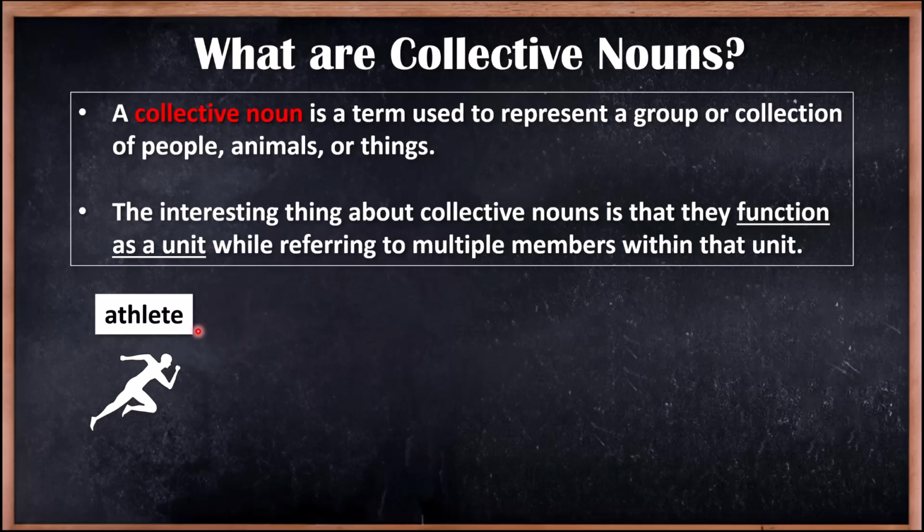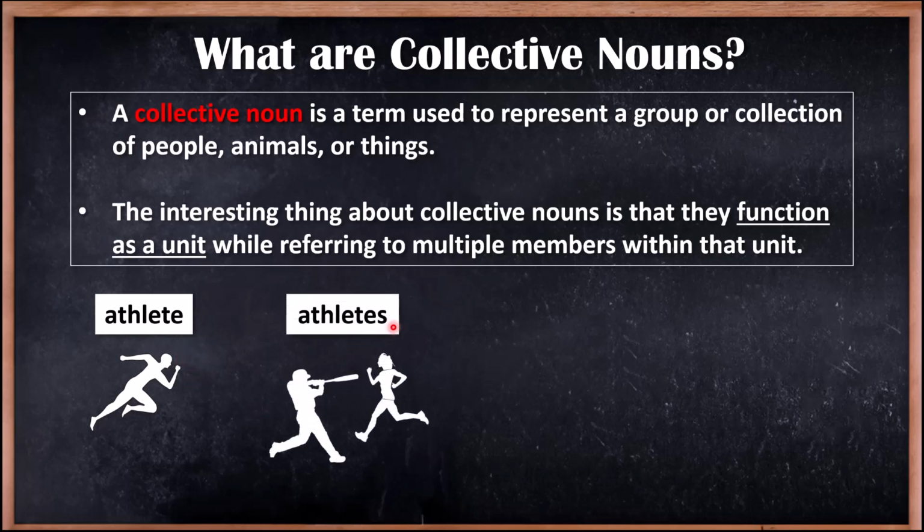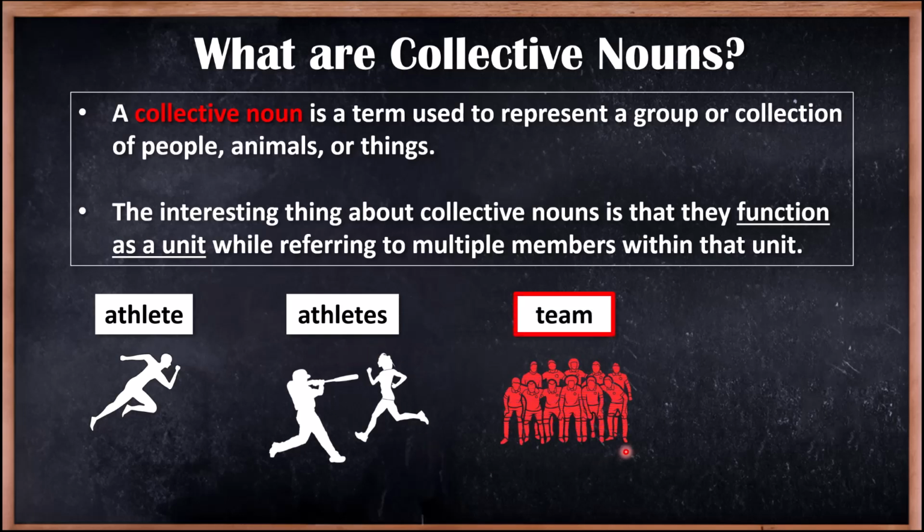So this is a normal noun, an athlete, and there's one athlete, so it's a singular noun. When we add an S, we have athletes, referring to more than one athlete, and this is a plural noun. Well, a collective noun is team, for example.